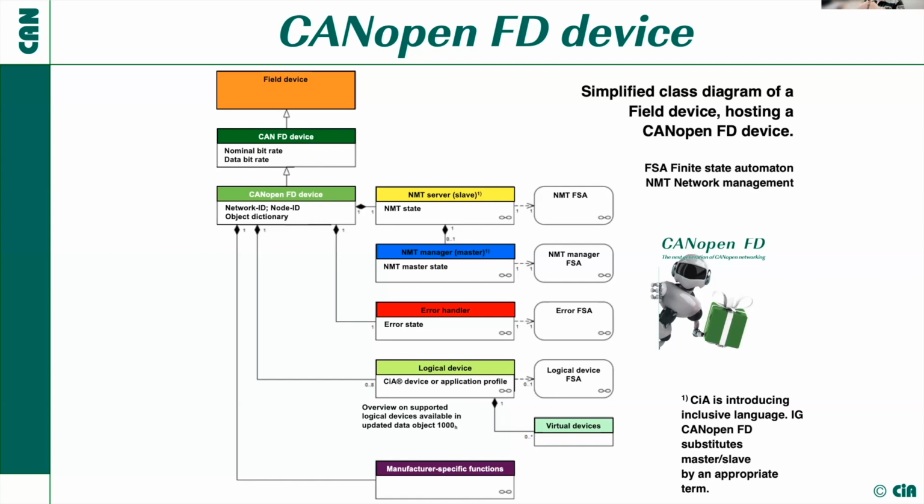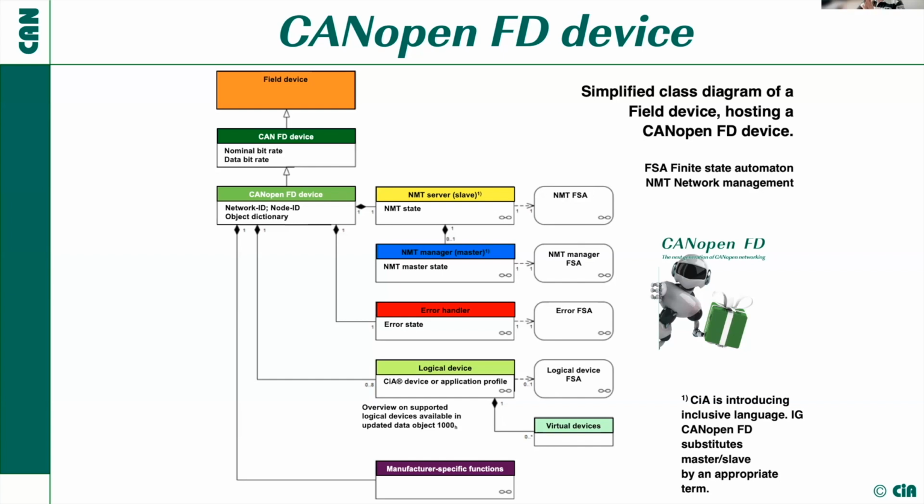That we have a CANopen device residing on a CAN-FD device, having an object dictionary, and having a lot of functionalities like the NMT state machine that is operated by the NMT server, that we have an error handler, and so on. Maybe a very small difference is that we now have not only a nominal bitrate, but a data bitrate. We discussed this on the last slides, and that we have a network ID to consider in addition to a node ID.